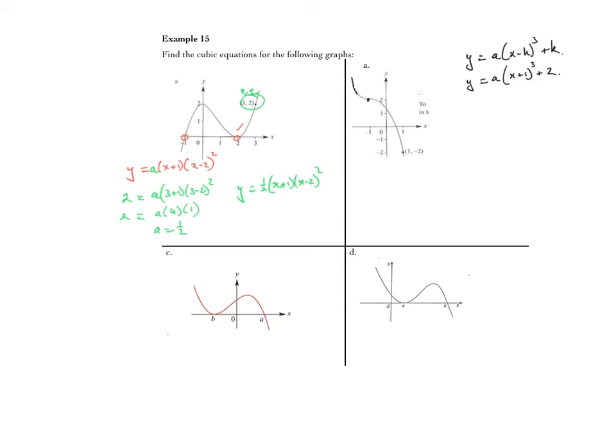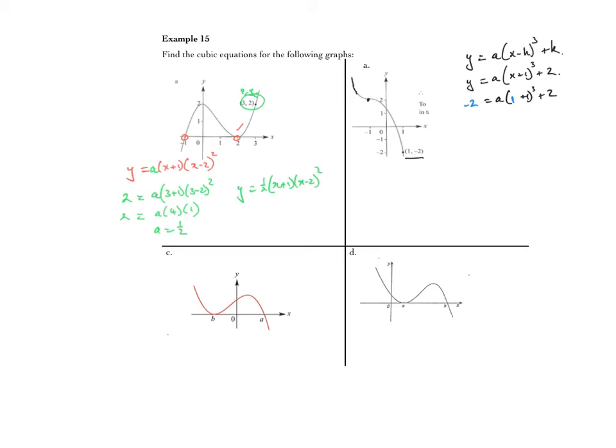Now, give thought to what sort of an a value we should be expecting here, and that's really important to consider. What sort of a cubic? It's a negative cubic, so I'm expecting a to be less than 0. To work out the a value, we substitute the point (1, -2) in. So -2 is equal to a outside of 1 plus 1 cubed plus 2.